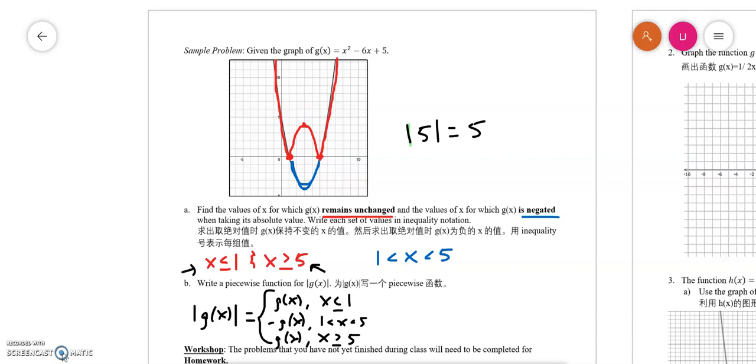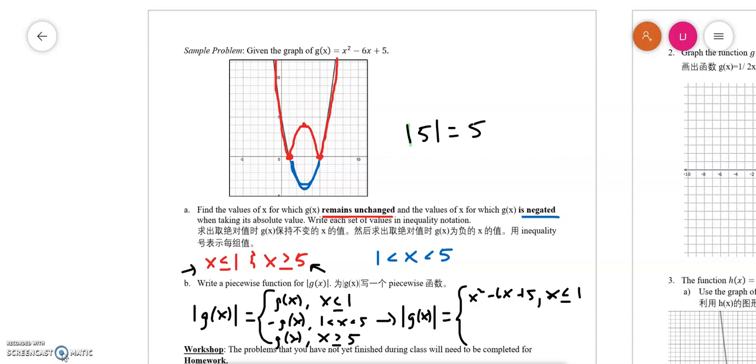So again, we want to write this for our specific function. So the absolute value of g of x is equal to, so we keep it g of x, which was x squared minus 6x plus 5. And that's for x is less than or equal to 1. And I'm going to give you a little shortcut.